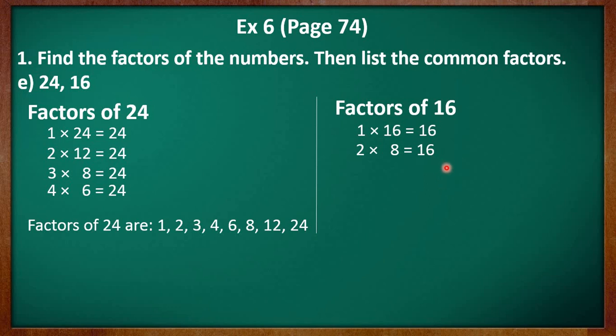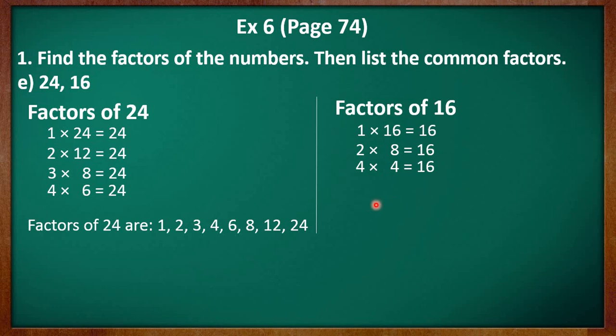So we will try by 4 now. Kids, 16 is completely divisible by 4 and the quotient is 4. So the multiplication fact 4 multiplied by 4 is equal to 16 will give us a factor which is 4, because we write the number only once. So now we will try by 5 and we may observe that 16 is not completely divisible by 5.